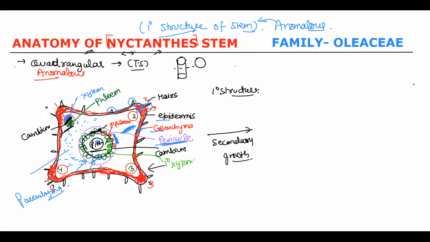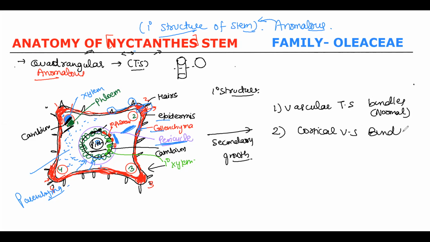So what happens is there are two types of vascular bundles. One are the vascular tissue system bundles, which are normal. Another are cortical vascular bundles, which are abnormal. The cortical bundles are abnormal, but the secondary growth is totally normal.